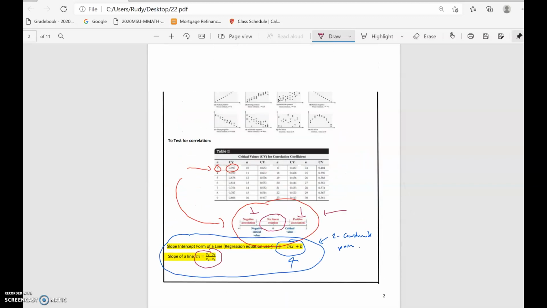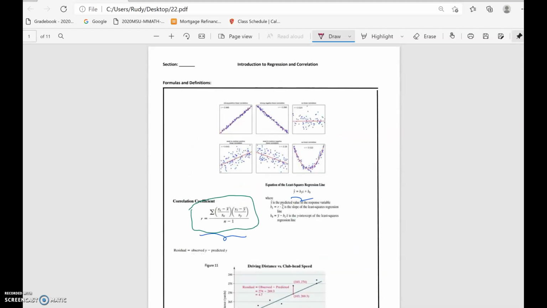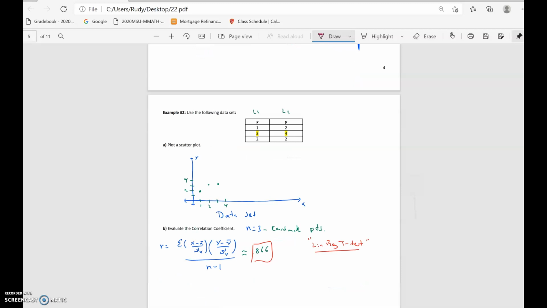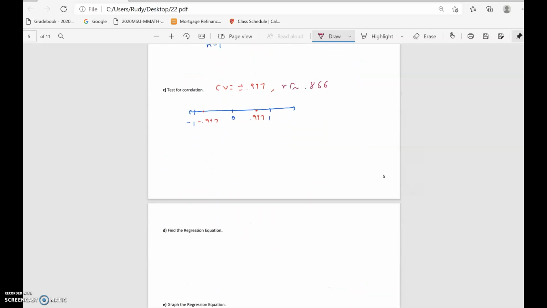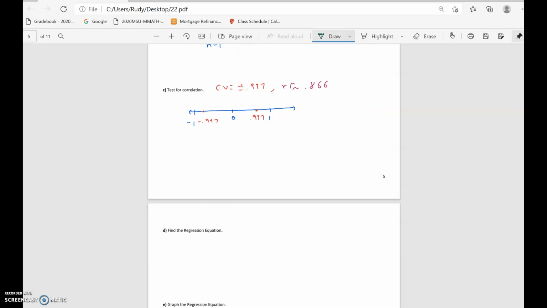So no correlation means that if we were to look at the data set, there is no evidence that there's a linear pattern. If you have positive correlation, your line is in this direction. Negative correlation is in between. And well, any value in between, you could get one of these two sketches. So in this case, we would say that there appears to be no correlation because R is in between the critical values.